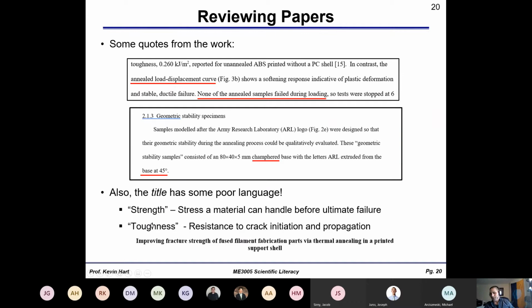We want to use the word toughness because we're talking about fracture behavior. We're talking about the resistance to crack propagation. But the title itself here talks about fracture strength. So strength is a metric which is defined by how much stress a material can handle before it fails, which is not really the right vocabulary here. It's not really the right word that we want.